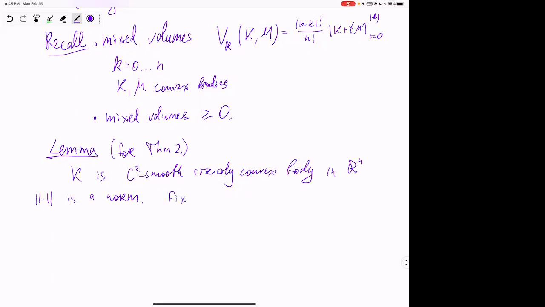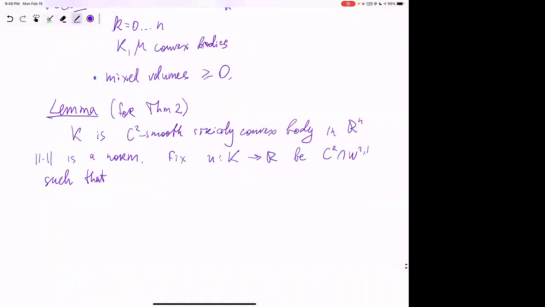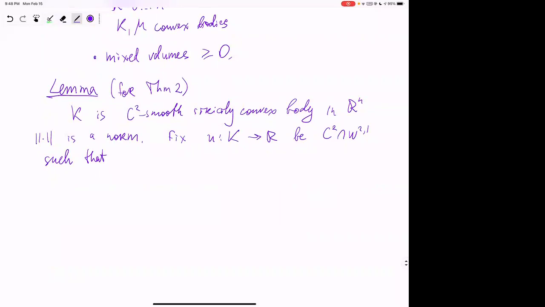Fix a function u on K into R, C2, maybe also W^{2,1}, continuous up to the boundary, such that its normal derivative is a norm.